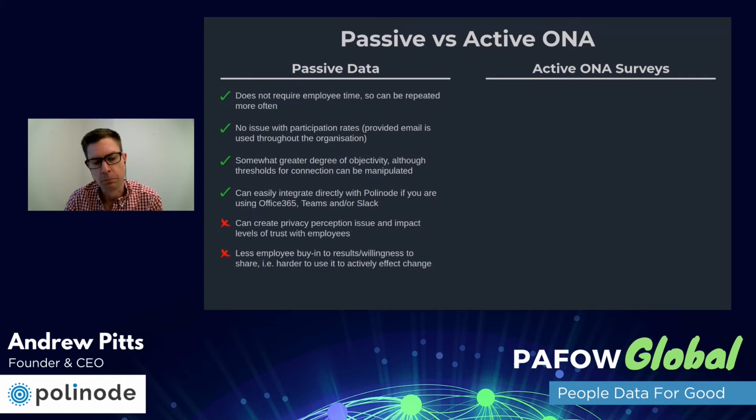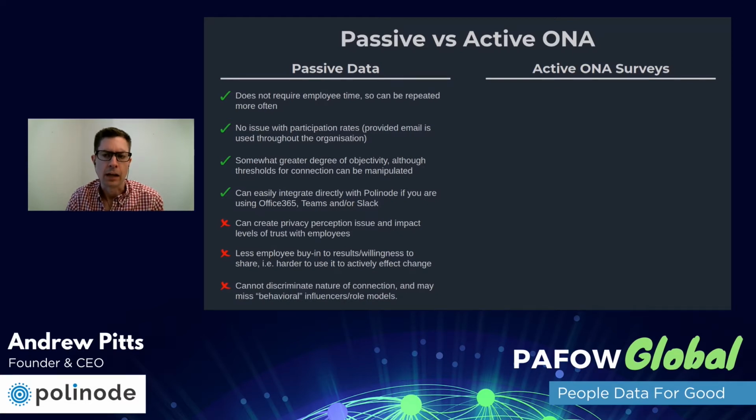There's less employee buy-in to results and willingness to share, so it's harder to use passive data to actively affect change, just because you're not bringing the individuals along with you as part of the process in most situations. And you cannot discriminate the nature of the connection, so you may miss behavioral influence as role models.